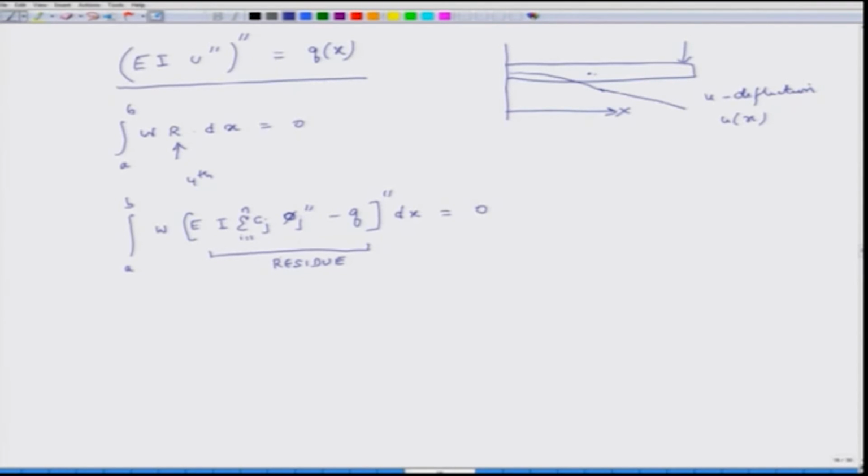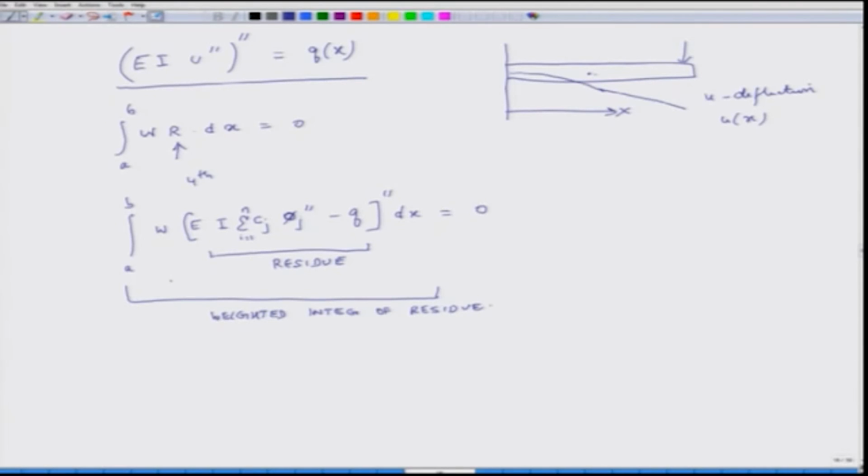That is why it is called residue, and then differentiate this whole expression twice and then integrate this thing with respect to x. So, this entire thing is the weighted integral of residue.